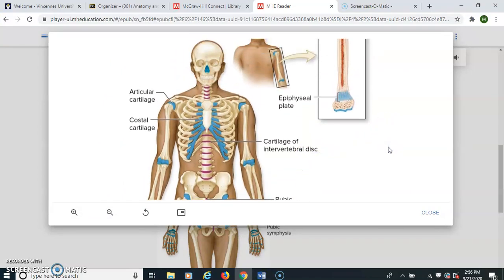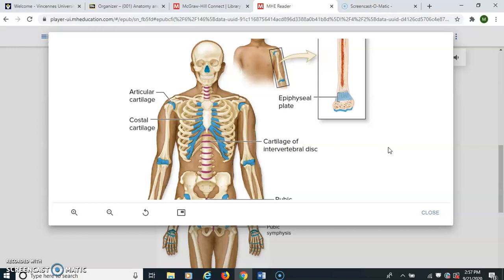Okay, so the hyaline cartilage, that is cartilage that's generally located between 2 bones that are connecting. We call an area where 2 bones connect a joint, and we will use that term. Articulation is another term for joint.